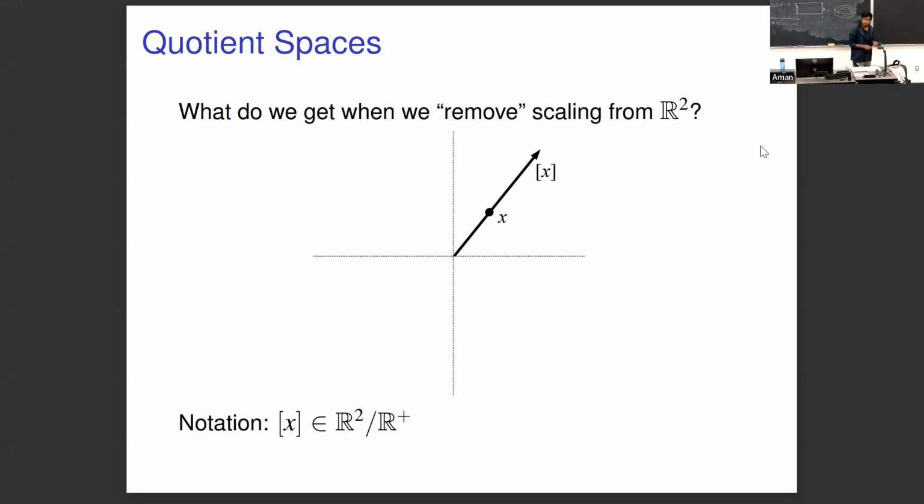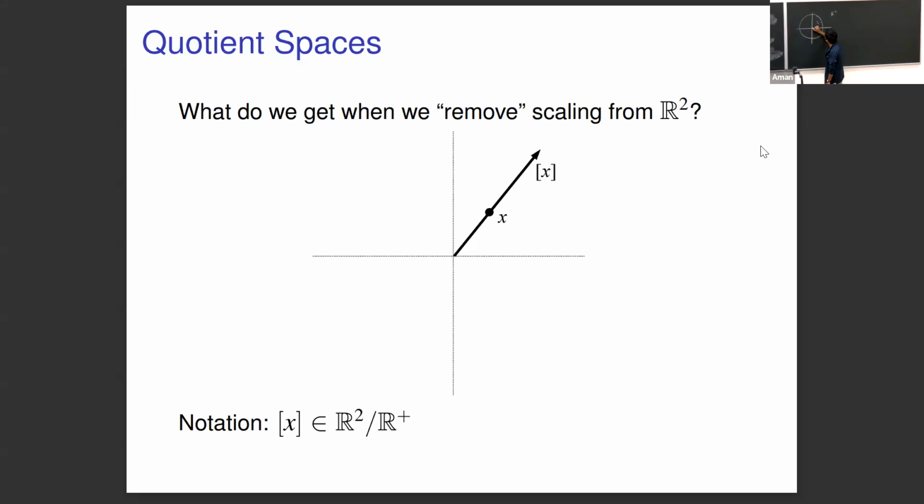So what we want is to remove scaling, right? So let's say we have an R2 space like this, and we have a point X here, right?